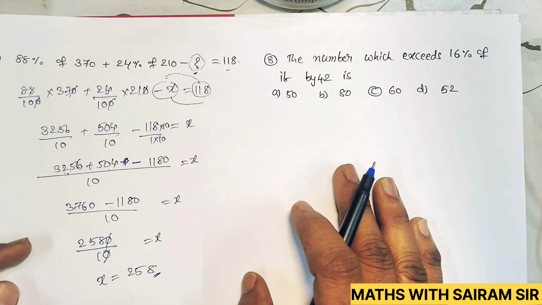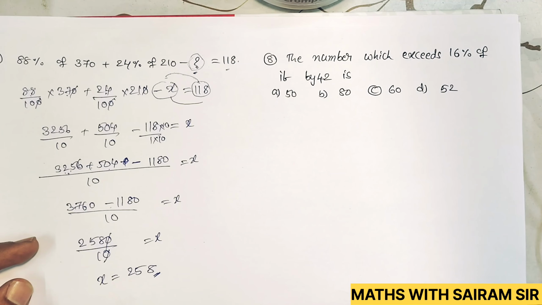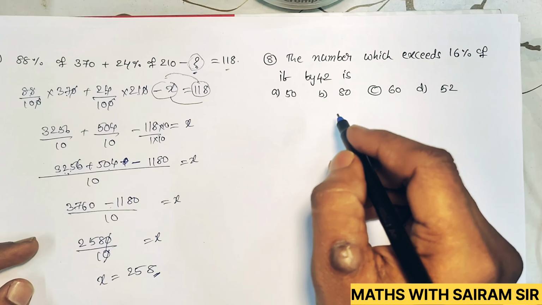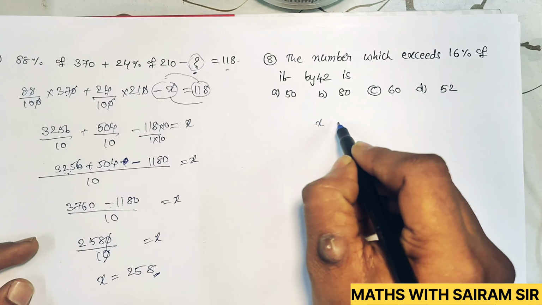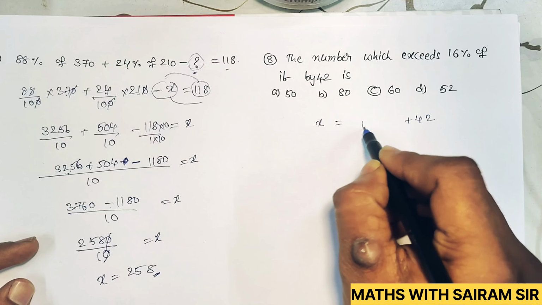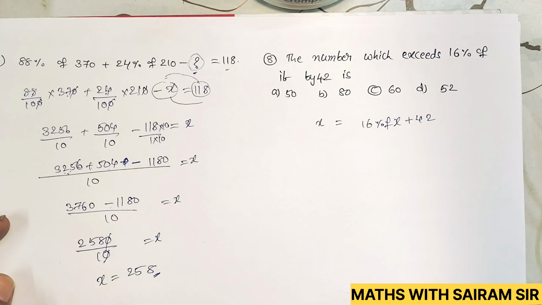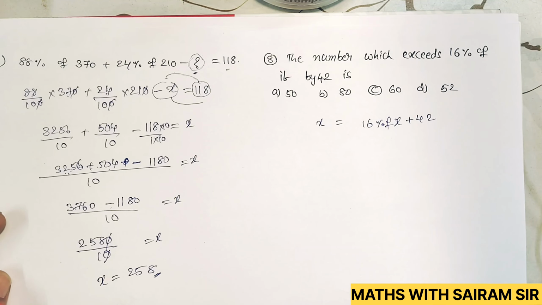The number which exceeds 16% of it by 42. That means what? If you take a number x, that is 42 more than the 16% of that number. Okay, that number is what? 42 more than the 16% of that number.